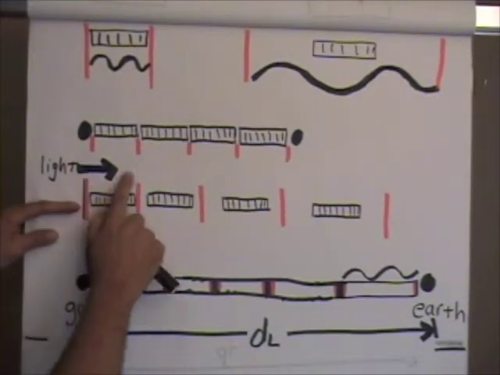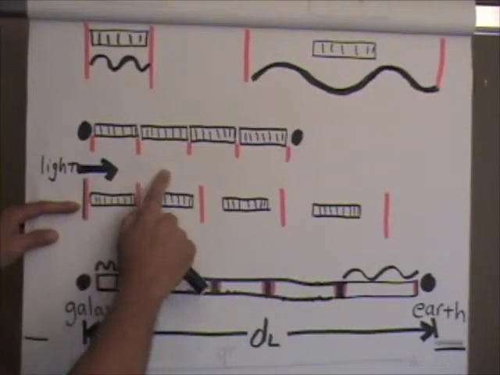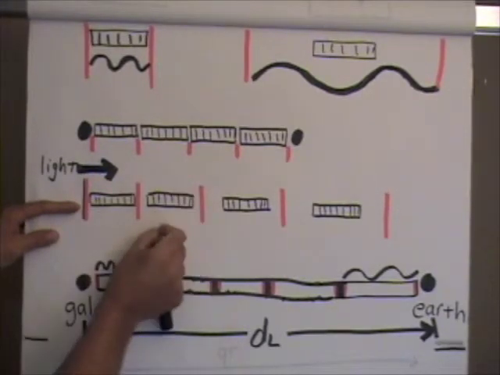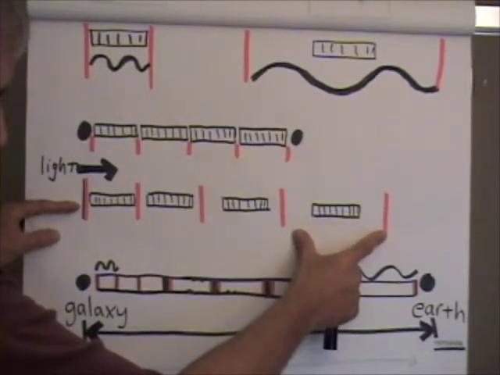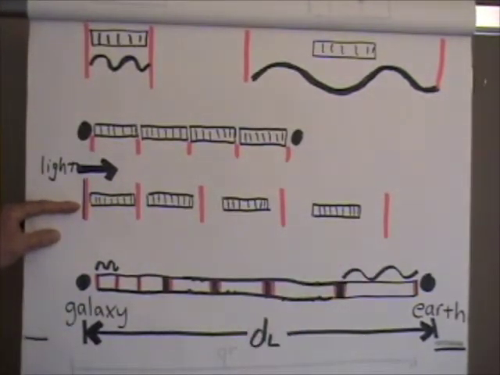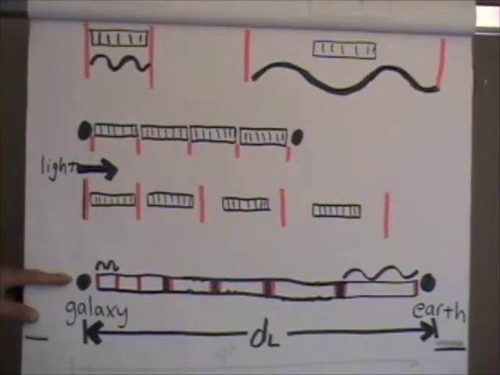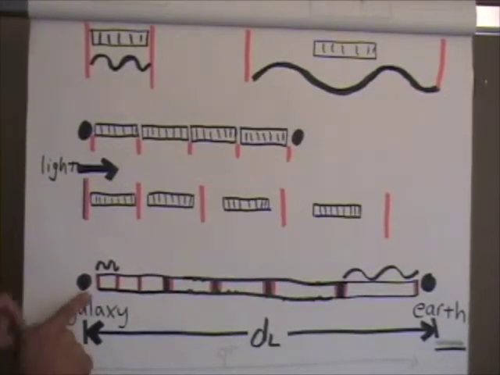But as time goes on, because time is passing, space is expanding more and more and more. So we can see why there must be a cosmological redshift happening by looking at this diagram.